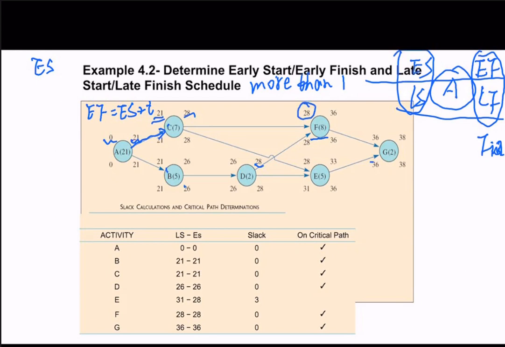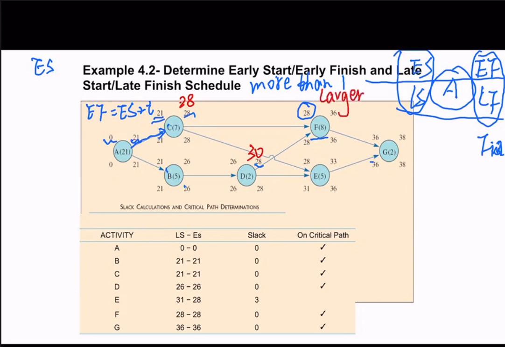But what if the EF for D is 30 and the EF for C is 28? Just as a suggestion, if we have that, then for F we have two different EFs. So what is the number for the ES for F? We need to choose the larger number.